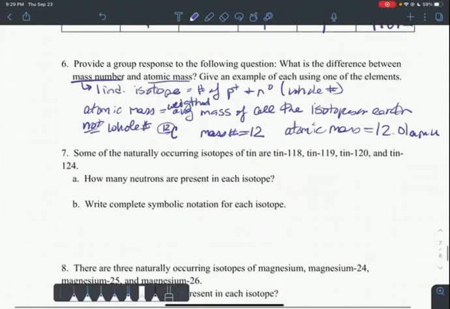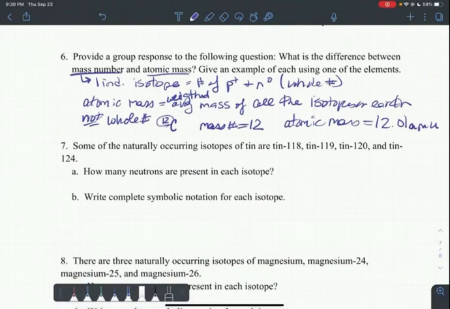So some of the naturally occurring isotopes are different elements. So in this case, we're going to do tin. So how many neutrons are present in each isotope, and then write the symbolic notation for each. I prefer to write the symbolic notation first, and then determine number of neutrons, right? It's really easy. So Sn is tin, and all tin is going to be 50 protons.